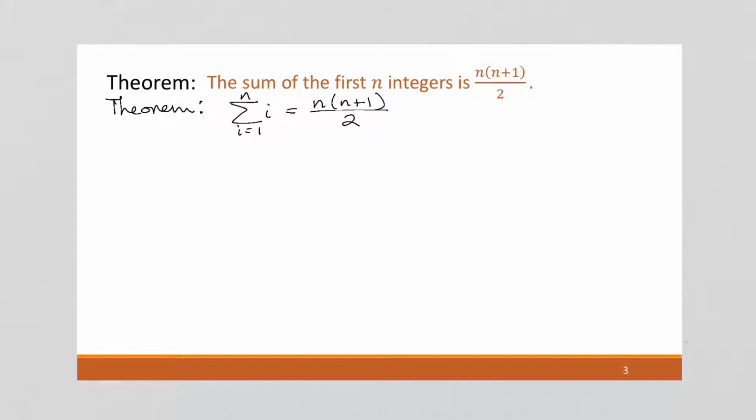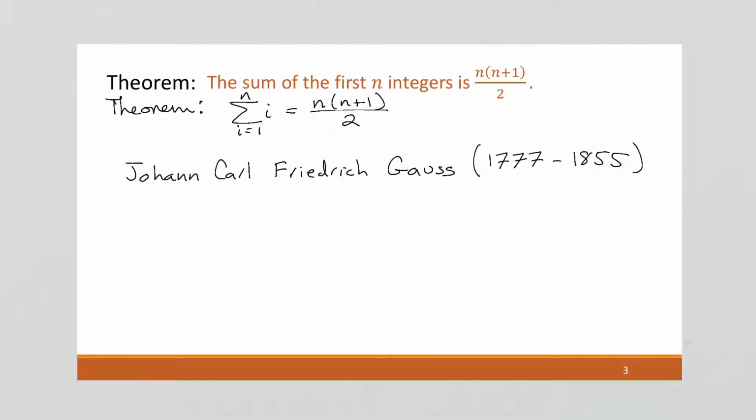And an interesting thing, this has a little story behind it. This was first shown by a mathematician as a child. Gauss was born in 1777 and died in 1855.